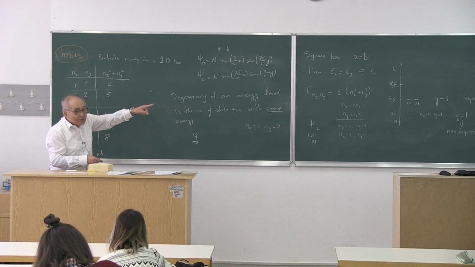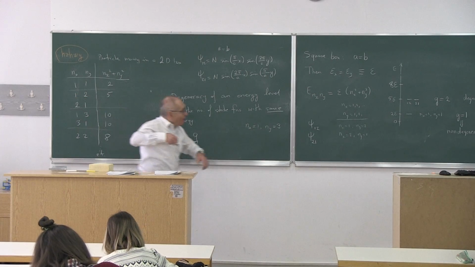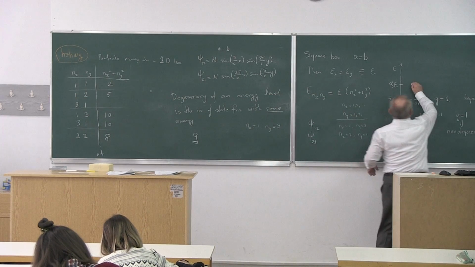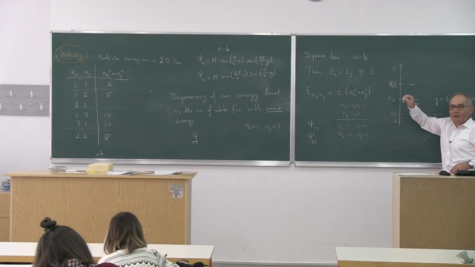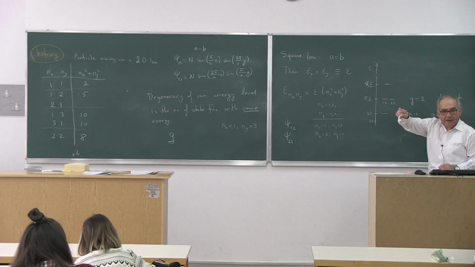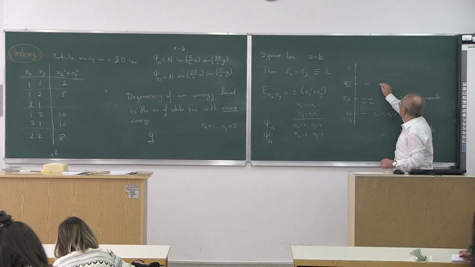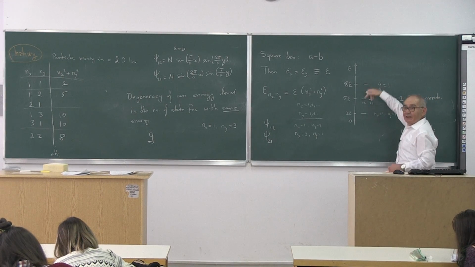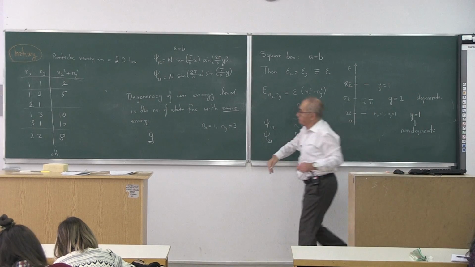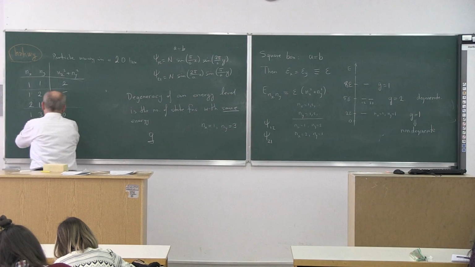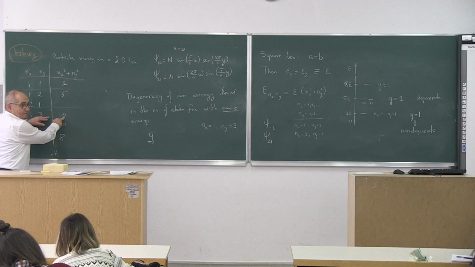No. Therefore, how many state functions are present for this energy level? Only one, which means, is it degenerate or non-degenerate? Non-degenerate. g is 1. What is the next energy level? 10 Fs.